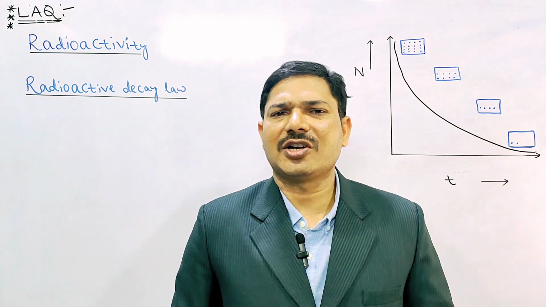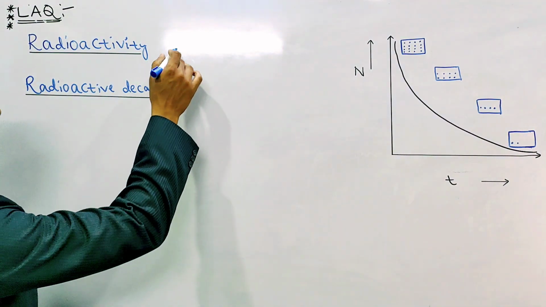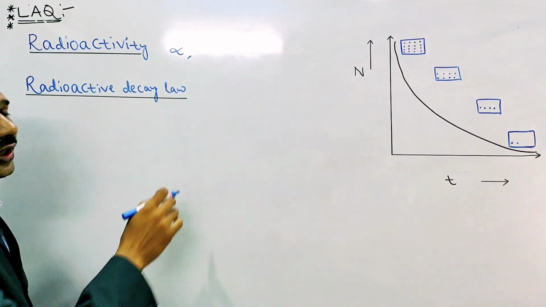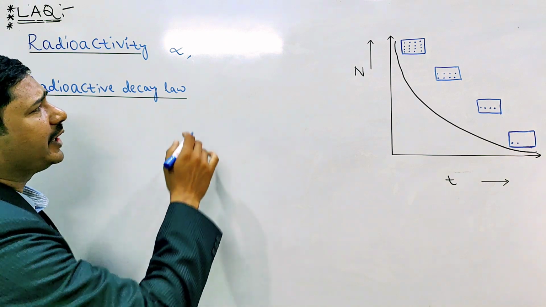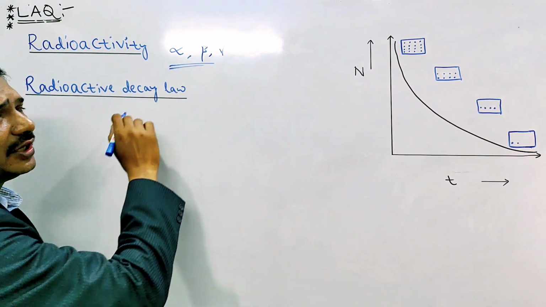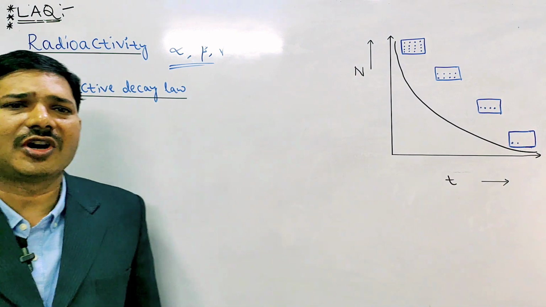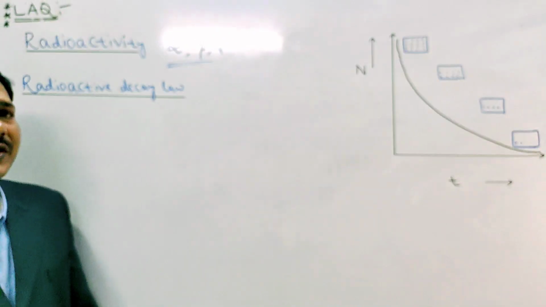This phenomenon is called natural radioactivity, or radioactivity. So radioactivity means elements with atomic number more than 82 spontaneously emit alpha rays or beta rays or gamma rays. This phenomenon is called radioactivity.